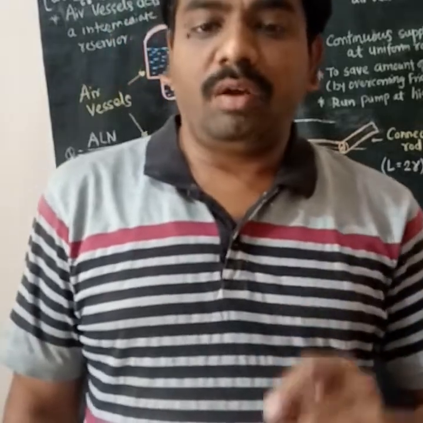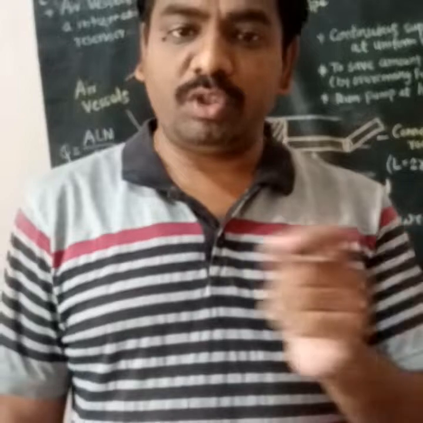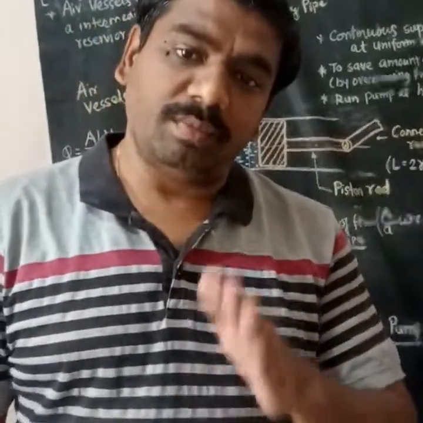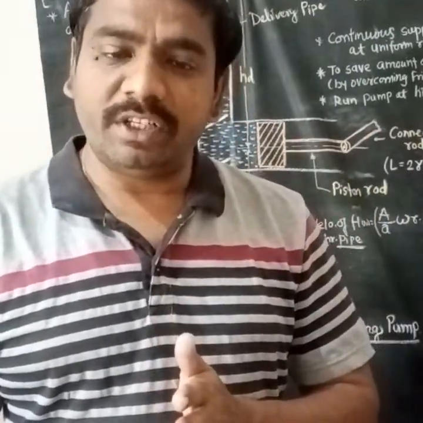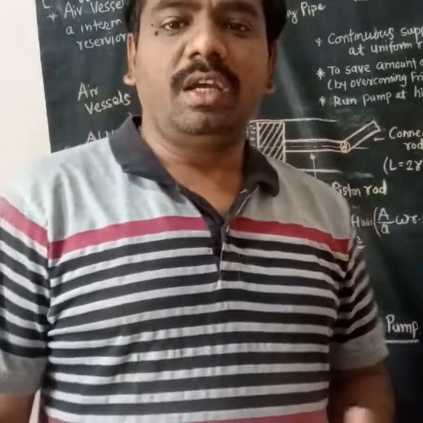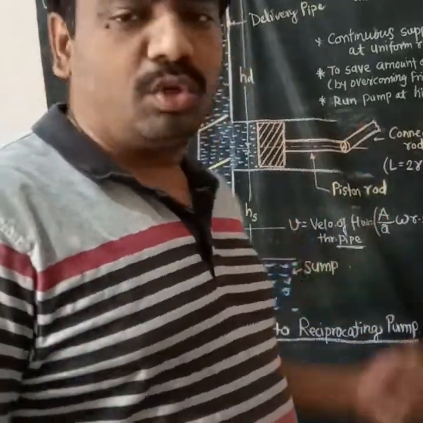But what happens is that whenever the piston moves, sometimes it is accelerated and somewhere it is decelerated or retarded. So some acceleration and retardation of that piston will take place, and that's why we need to understand the basic things that happen.